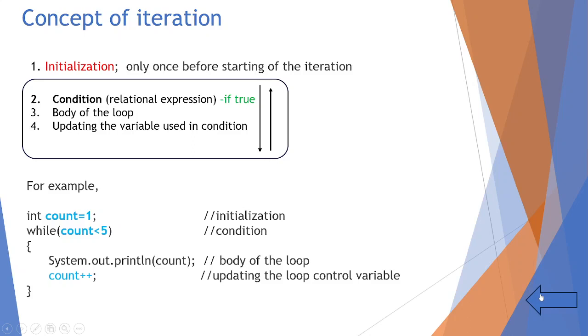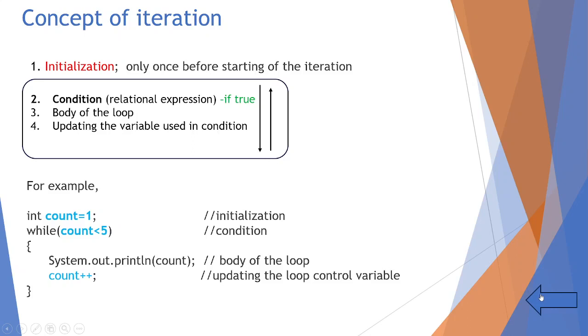Now, we write it in such a way, let's suppose 50 or 5. See the example first of all. Int count is 1, count less than 5. That means 4 times we want to repeat. And what do we want to print? The count itself. And then after printing the first time, we say count plus plus.